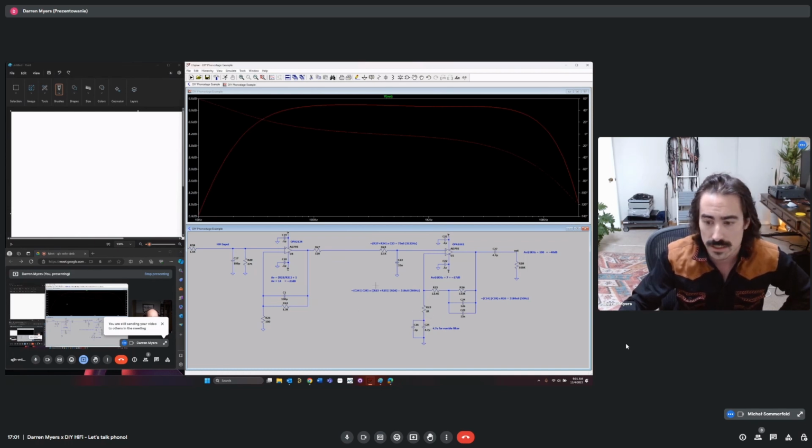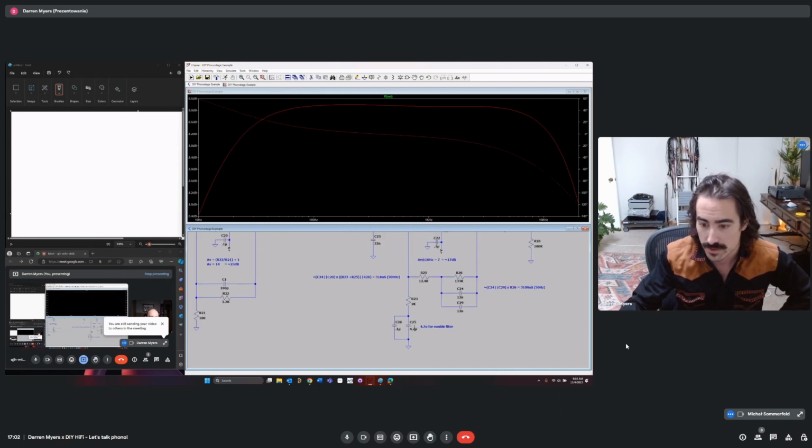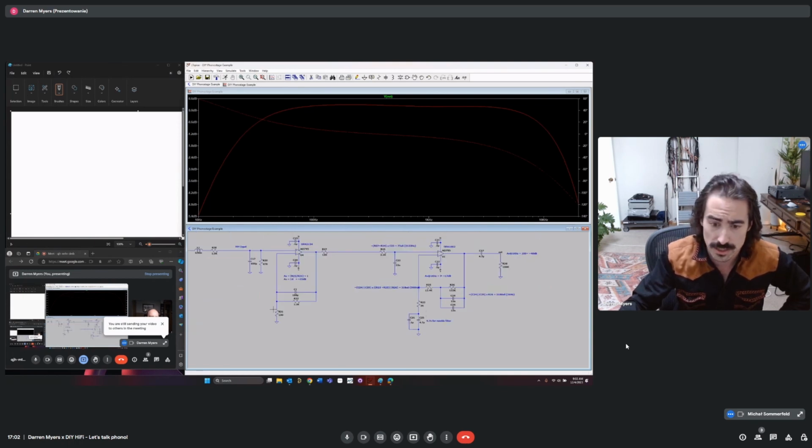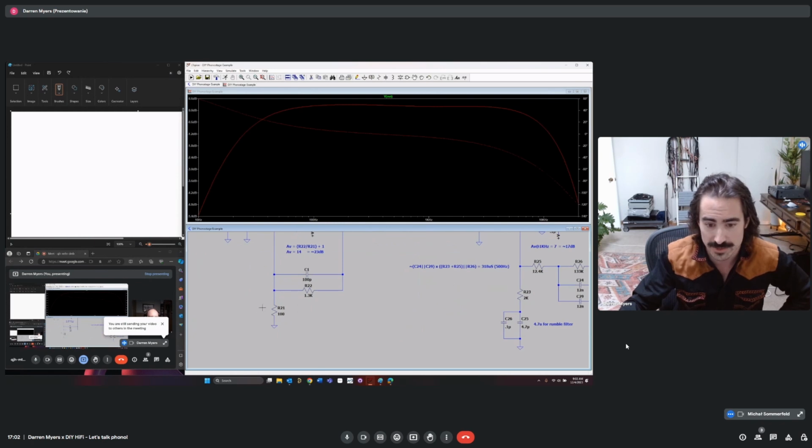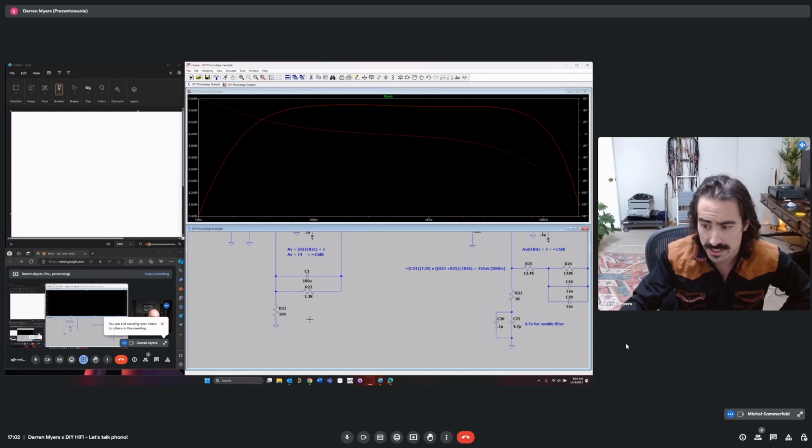The value of this capacitor needs to be large enough to get your low frequency response flat here. So when we look at it in terms of this value, we've gone from 2K to 100 ohms. It's a 20 times difference.